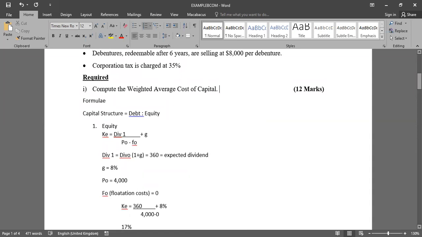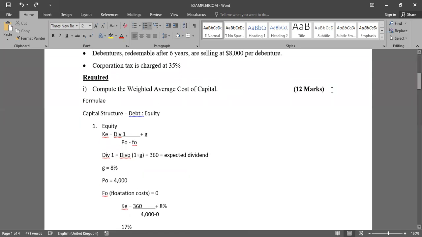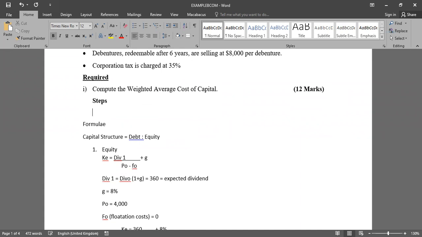For those who like steps, step 1, you compute or identify the specific cost of capital.